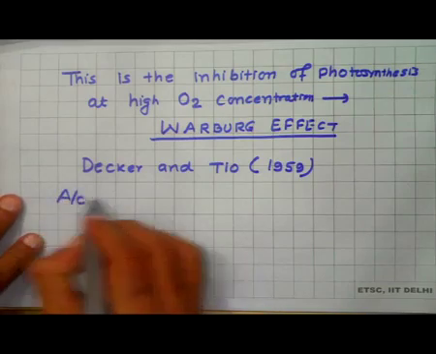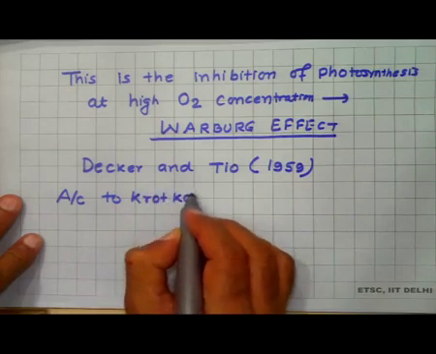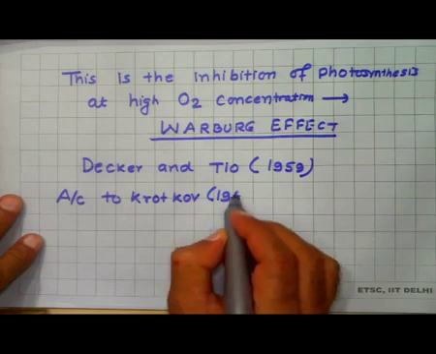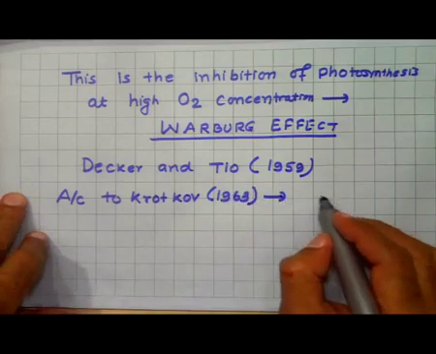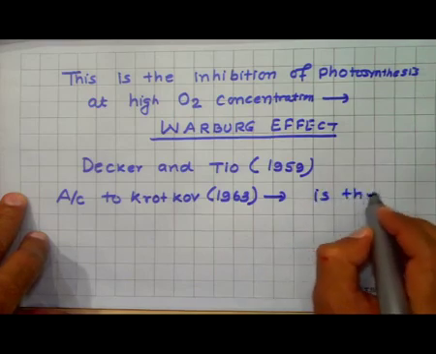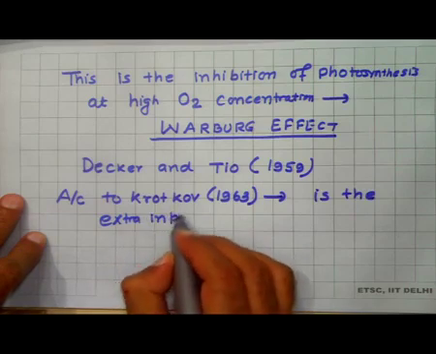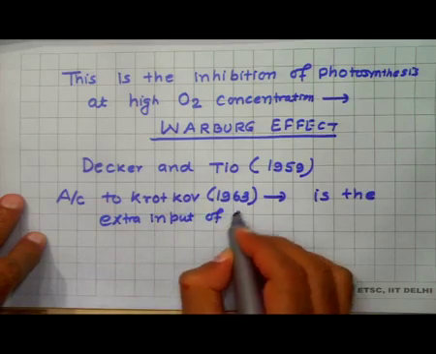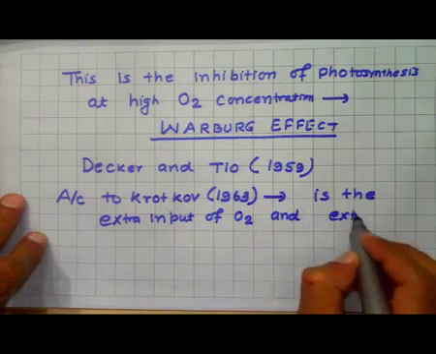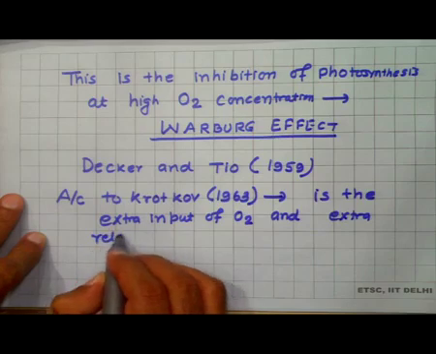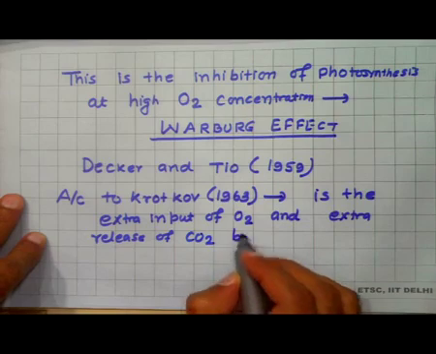According to Krotkov, 1963, he defined photorespiration as the extra input of O2 and extra release of CO2 by green plants.